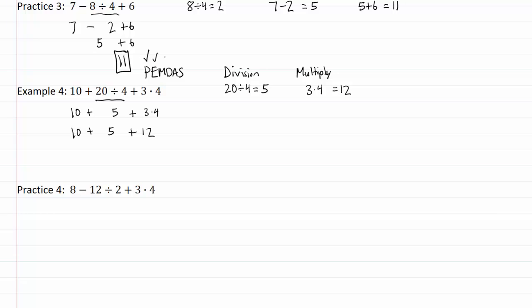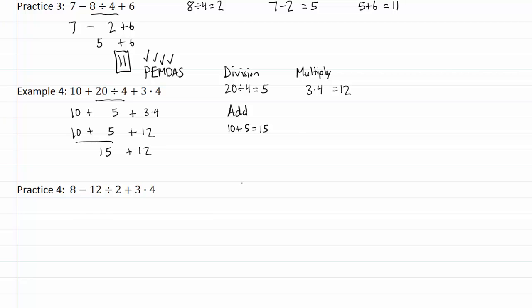And now as I was reading through it, you notice probably we don't have any multiplication or division. We do have addition, so we're just going to add as we go from left to right. So I'm going to add. I've got 10 plus 5 that I need to add first. So 10 plus 5 is 15. So that becomes 15, and now I've got 15 plus 12.